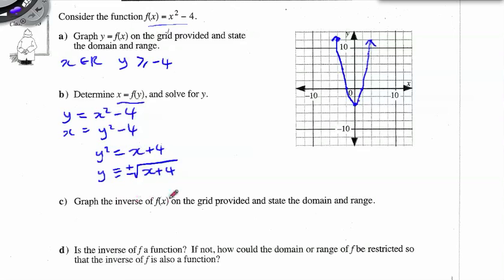Okay, now it says to graph this on the grid provided and state the domain and range. Well, if you use this y equals x line, this will map over, I'll just change the color, this will map over to here. We had a point here that would map over to here.